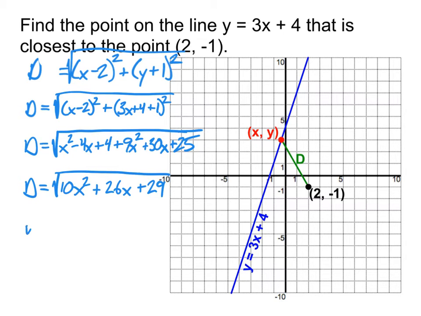And so because of that, yeah, we can go ahead and get rid of that square root and really just find the derivative of 10x squared plus 26x plus 29. So go ahead and find that derivative and then use it to find your minimum from there, because we've done all the hard work. Now it should be the easy stuff from there.